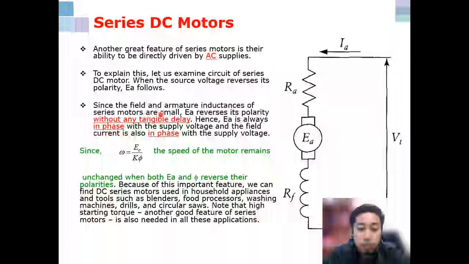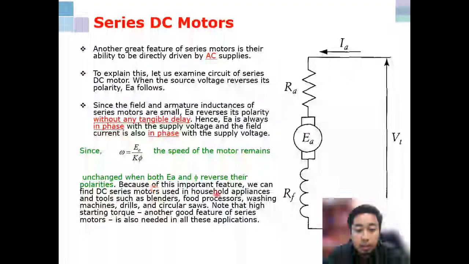Since the field and armature inductances of the series motor are small, EA reverses its polarity without any tangible delay. Hence, EA is always in phase with the supply voltage, and the field current is also in phase with the supply voltage. Since the speed is EA over kV, the speed of the motor remains unchanged when both EA and phi reverse their polarities.